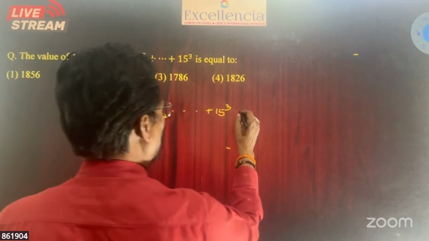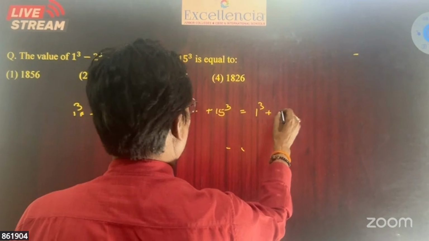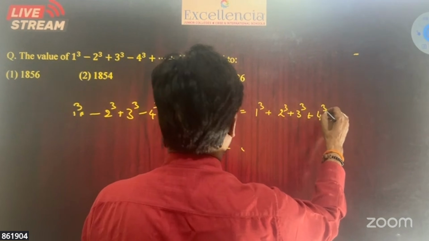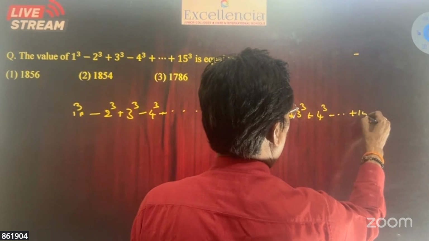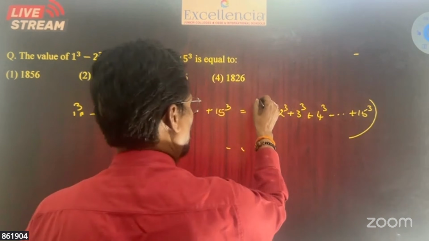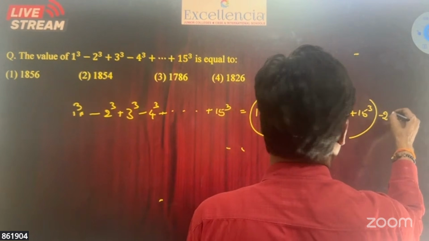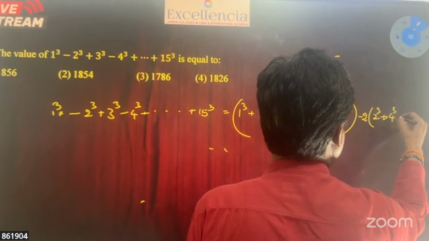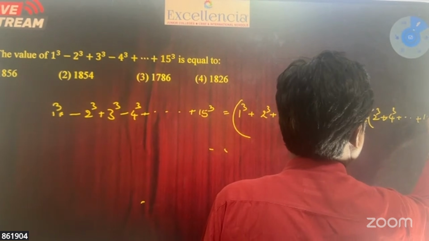Now this question is actually 1 cube plus 2 cube plus 3 cube plus 4 cube up to 15 cube, minus 2 times 2 cube plus 4 cube up to 14 cube.